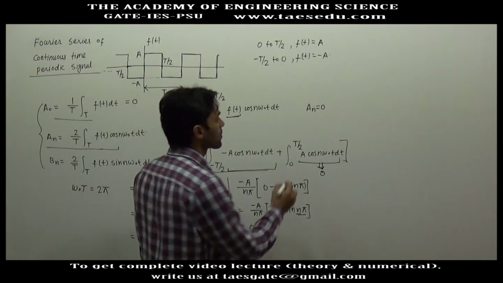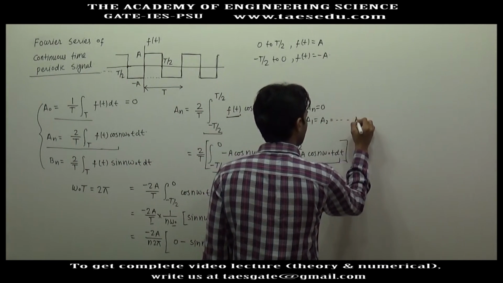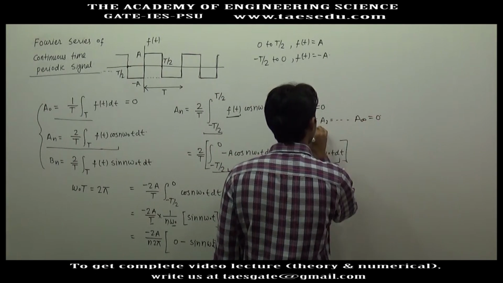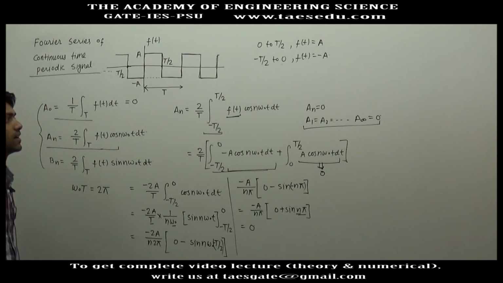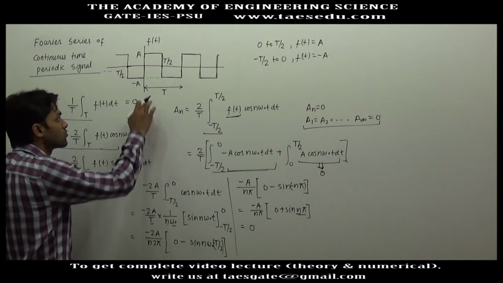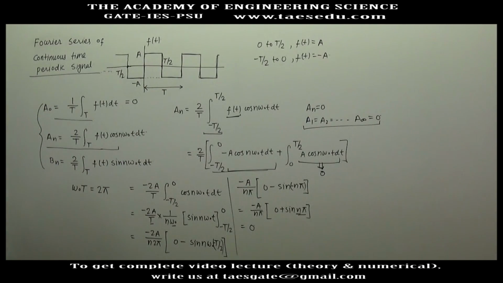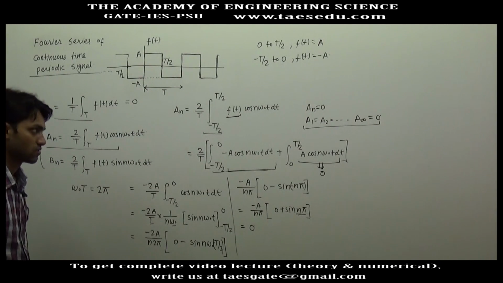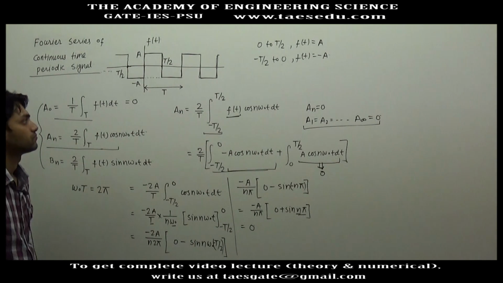It means a1, a2, up to a infinity, all these terms are 0, and an is the coefficient of cos terms. So we can say that in the sinusoidal representation of this square wave, there will be no cos terms because the coefficients, or the amplitude, of all the cos terms are 0.